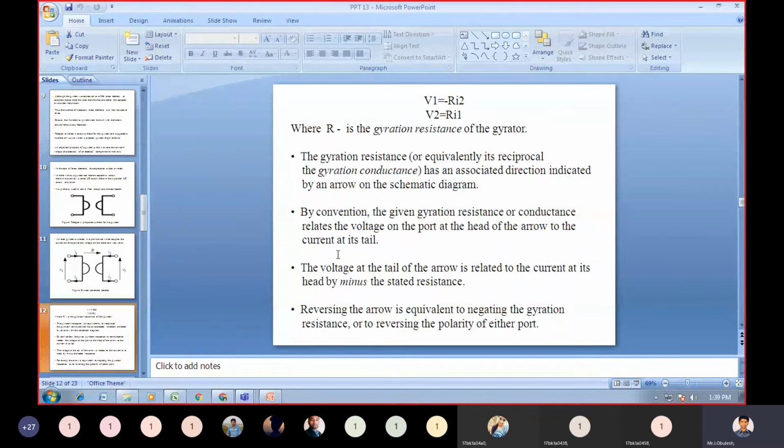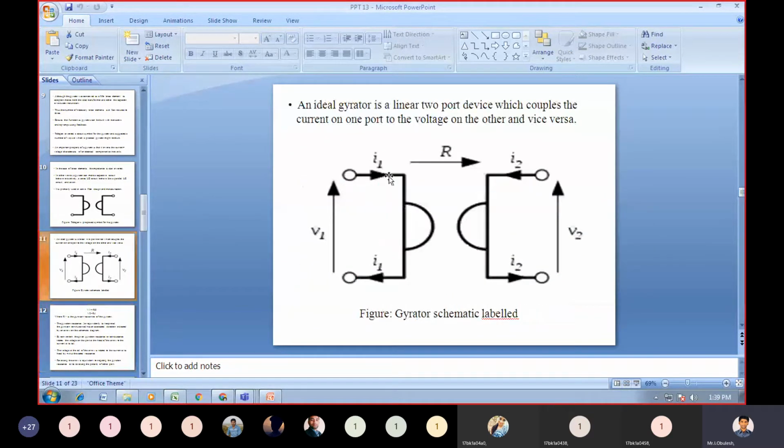By convention, the given gyration resistance or conductance relates the voltage on the port at the head of the arrow to the current at its tail. You need to see that.